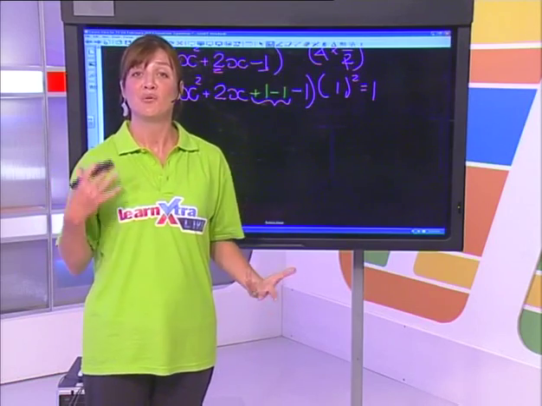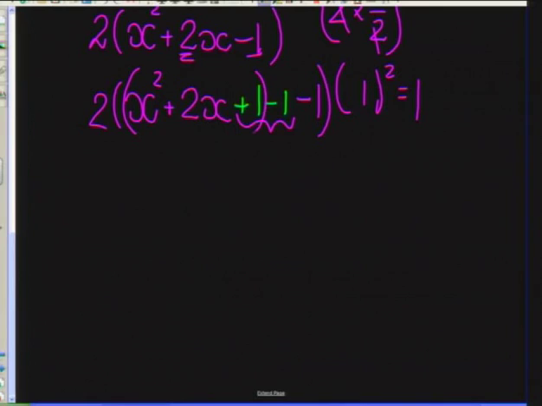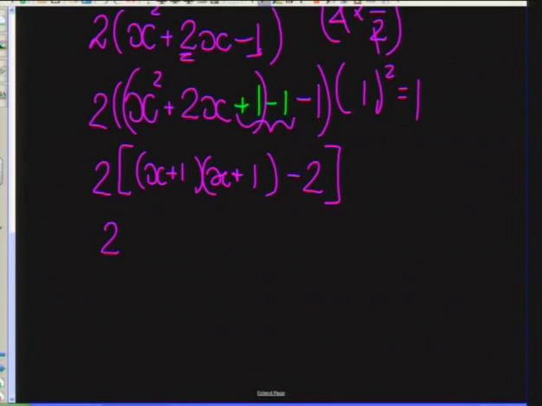The reason why this will work is because we're going to group the first 3 terms together, and by doing so we are going to create a perfect square, which is going to be x and x, 1 and 1, plus and plus, and minus 1 is minus 2. So instead of writing the bracket twice, let's say x plus 1 squared minus 2.